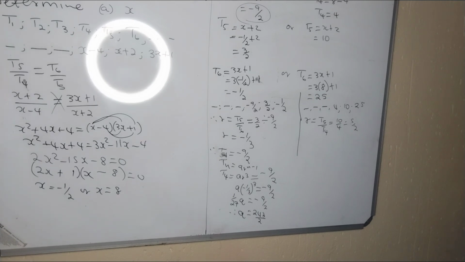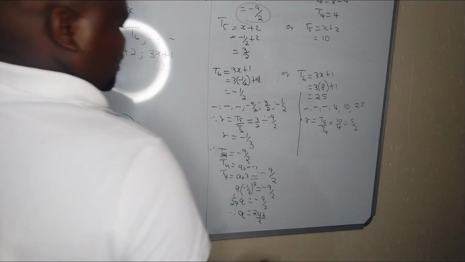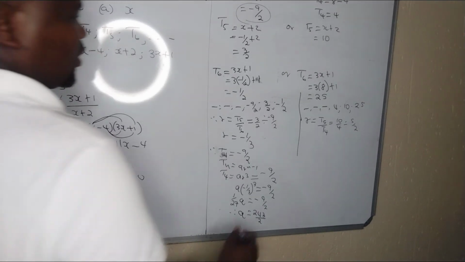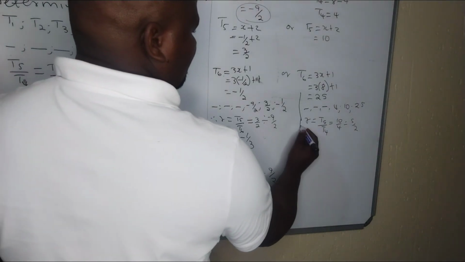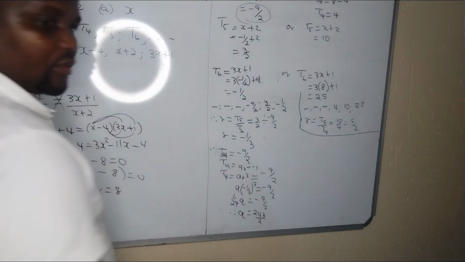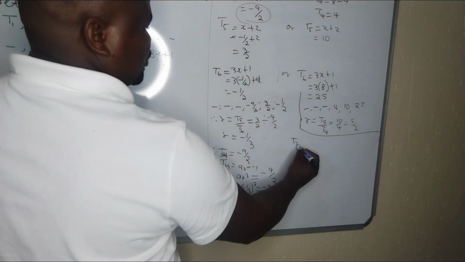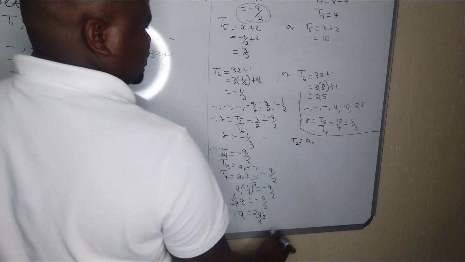Term number 2 for this, you're going to say, you already know term 1, so it's easy for you to go to T2. Your T2 is going to be AR.